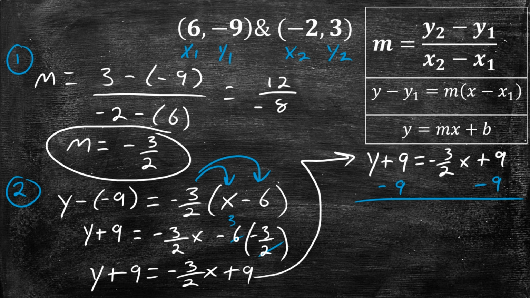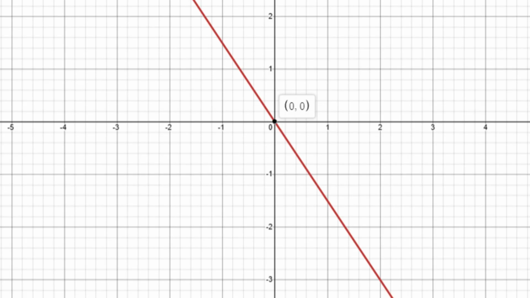And then what we get here is y is equal to negative 3 halves x. Okay, and you might be wondering where the b is. Well, the b in this case is the y-intercept, and that y-intercept in this case is actually 0. And I'm going to pop open a graph on the screen here. So this graph is the graph of the equation that we just obtained.